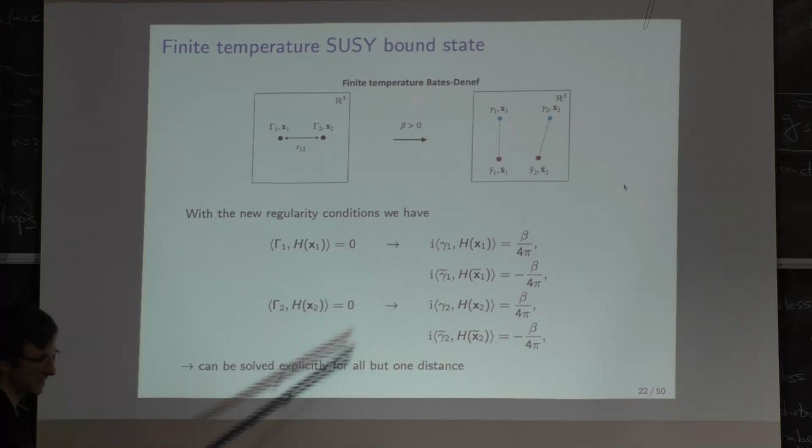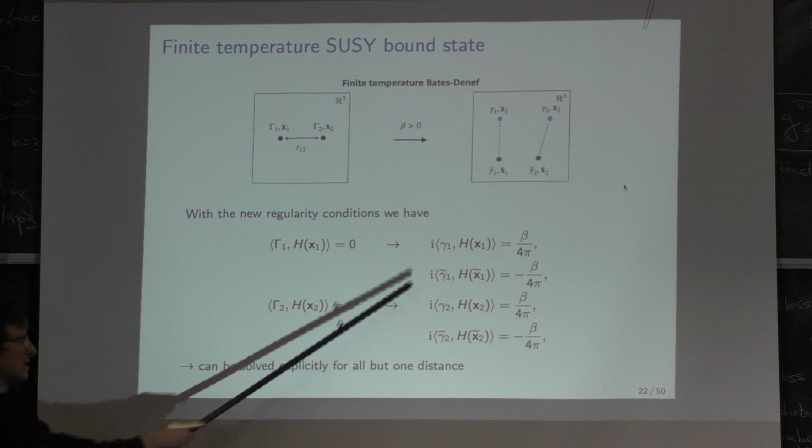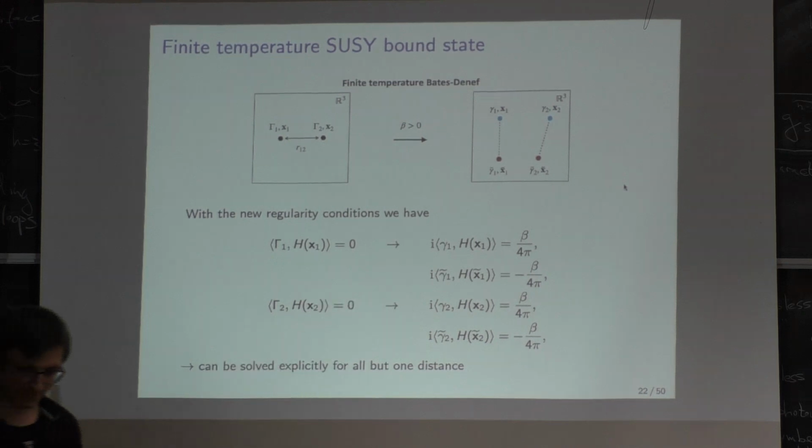You can think of this smoothness condition as a set of equations that essentially constrains the possible positions of the black holes in the base space. Now it turns out that for just the bound state, which is the two black holes, you can actually explicitly solve these equations for the distances.